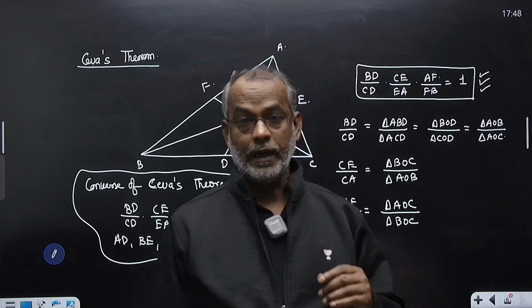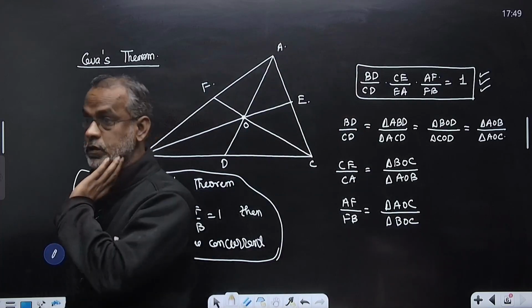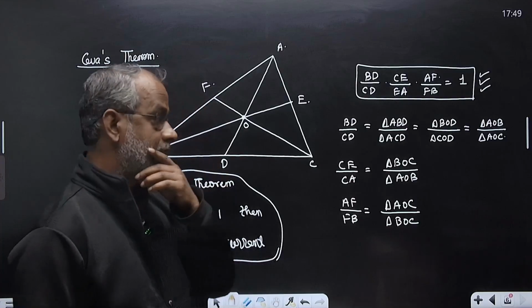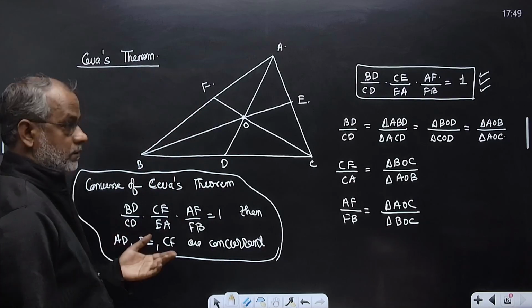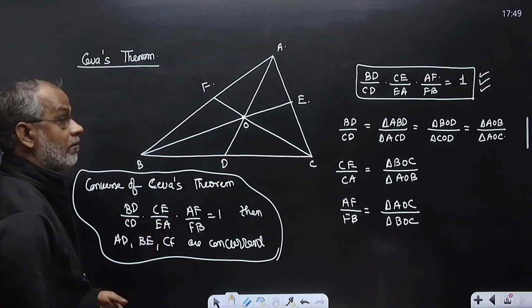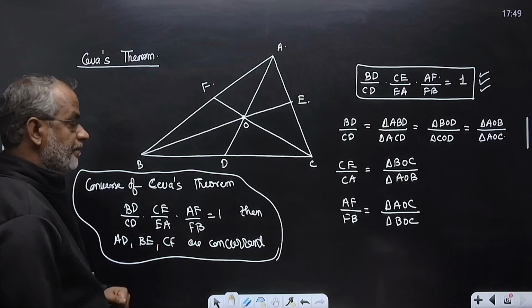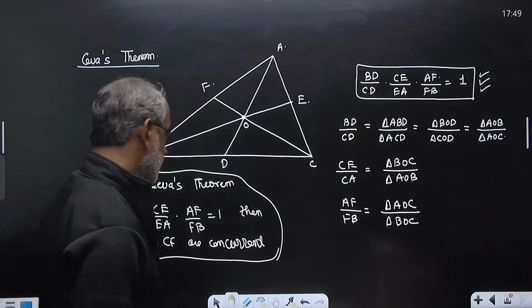Okay, this is of great help in proving the concurrency of medians, altitudes, angle bisectors, or even perpendicular bisectors. Perpendicular bisectors will not be there because they do not pass through the vertex. Sorry. So, how do we prove it?